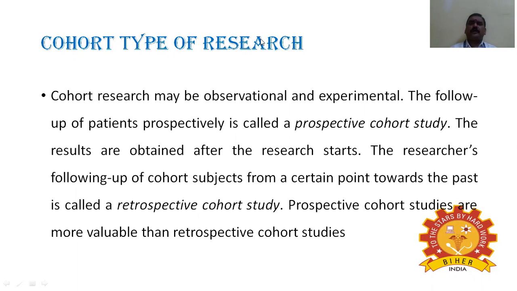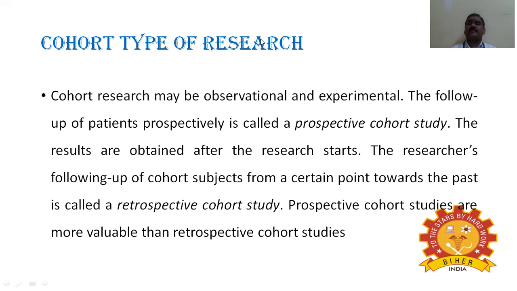The cohort type of research may be observational and experimental also. The follow-up of the patients prospectively is called a prospective cohort study. The results are obtained after the research starts.